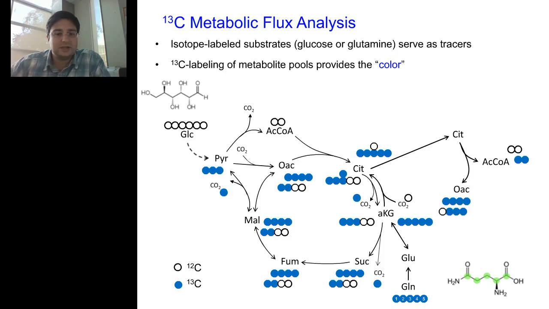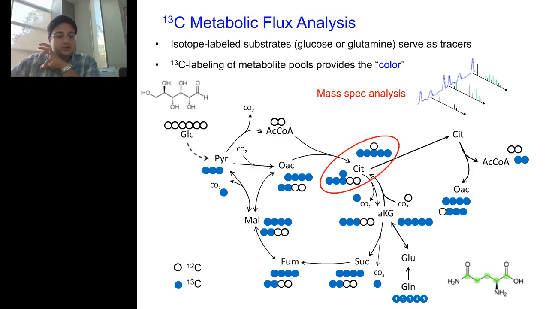Depicted here, and you'll see these types of maps throughout the seminar, these circles represent carbon atoms that are either unlabeled, or carbon-12, or isotope labeled, 13C. As labeled glutamine enters the Krebs cycle, this mixes with unlabeled carbons from glucose and pyruvate to generate a distribution of isotopomers, of mass isotopomers.